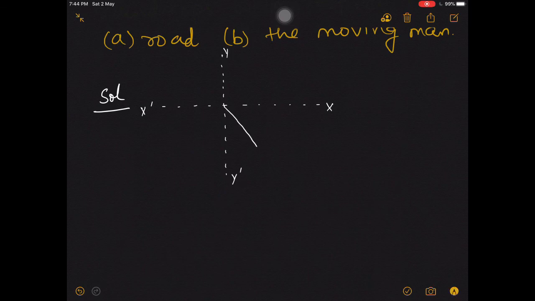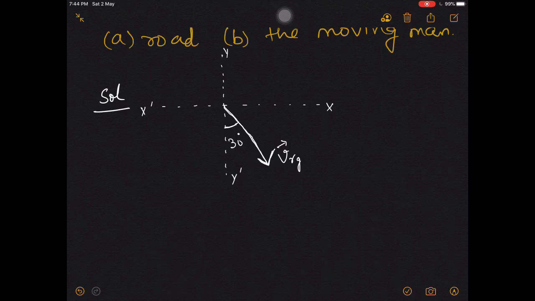So like this, the man is holding his umbrella. This arrow shows the velocity of rain with respect to ground, because the rain is falling at an angle of 30 degrees, and when nothing is said, that means it is velocity of rain with respect to ground.